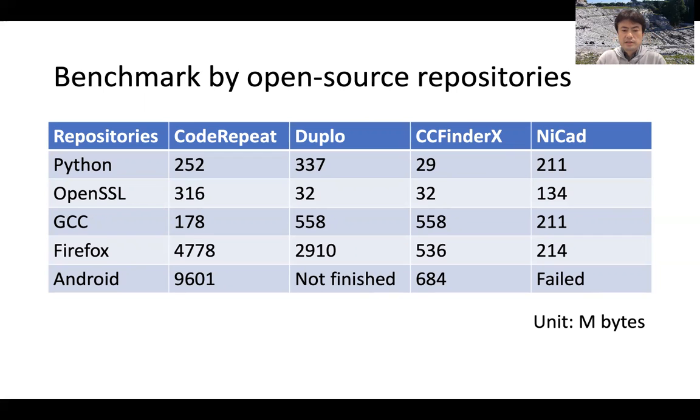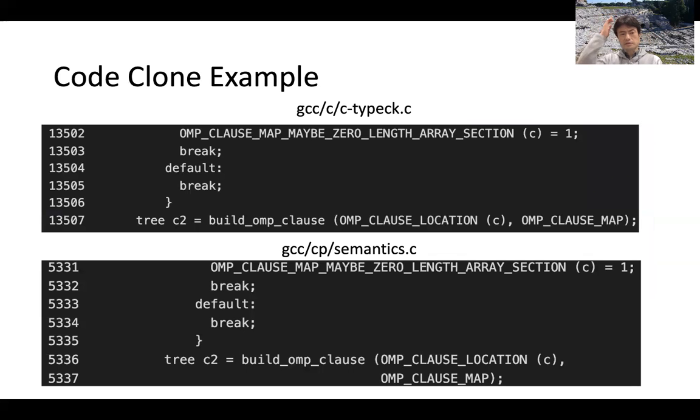As you can see, our tool CodeRepeat has more memory usage than other tools. Still, our tool's memory usage is within the capacity of a modern personal computer. So this is a code example detected by our tool.